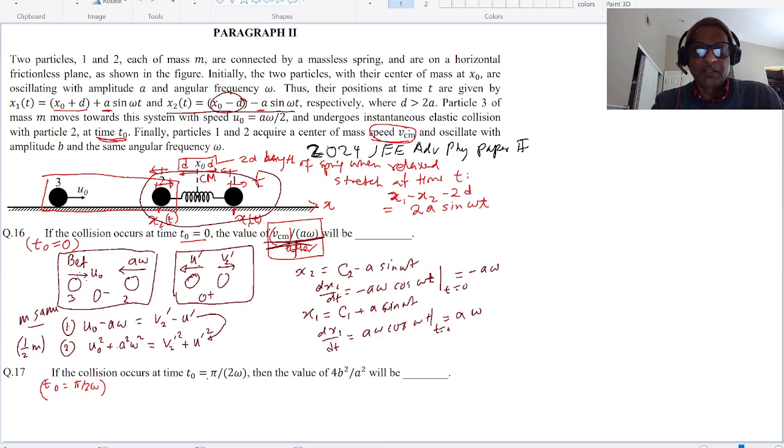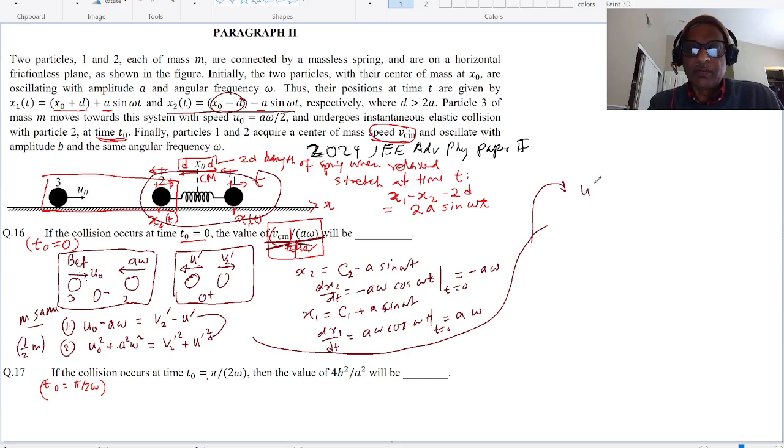Let me clean up and jump over there. So you have u prime equals v2 prime, and u0 is supposed to be given over here as a omega over 2. So this thing is minus a omega over 2 minus a omega over 2.